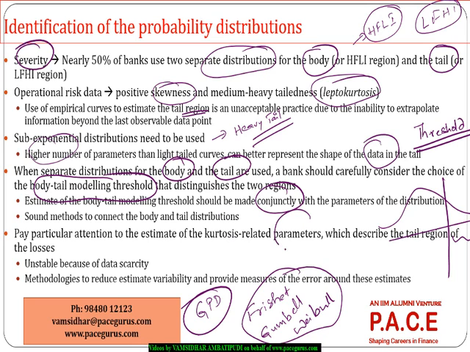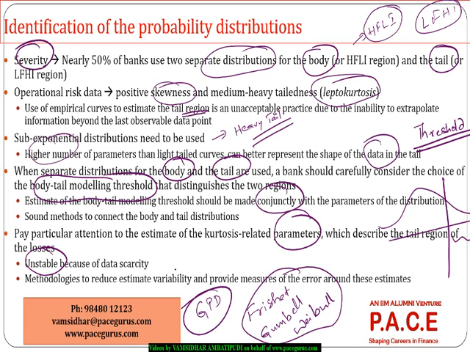And more attention has to be paid to the different kurtosis related parameters which describe the tail region, because those parameters will become more and more unstable, as the number of actual data points that we have could be very limited. The data could be much scarce.